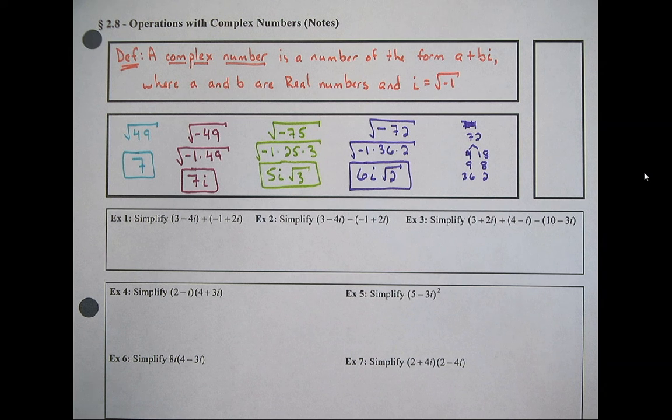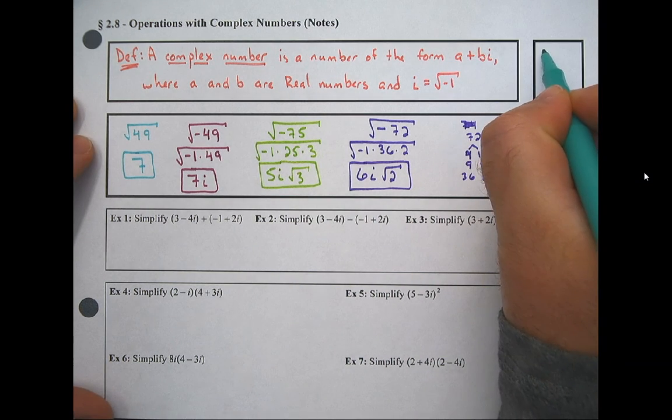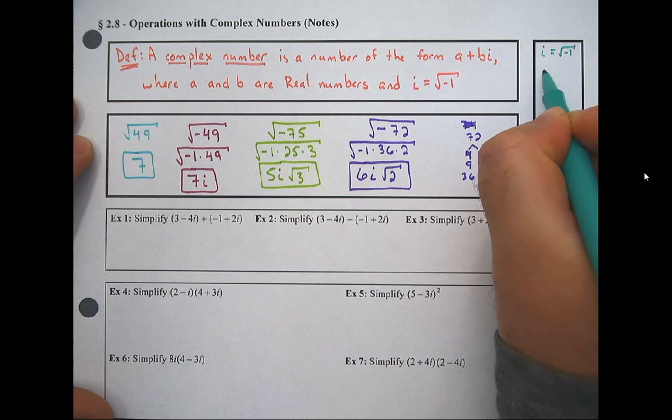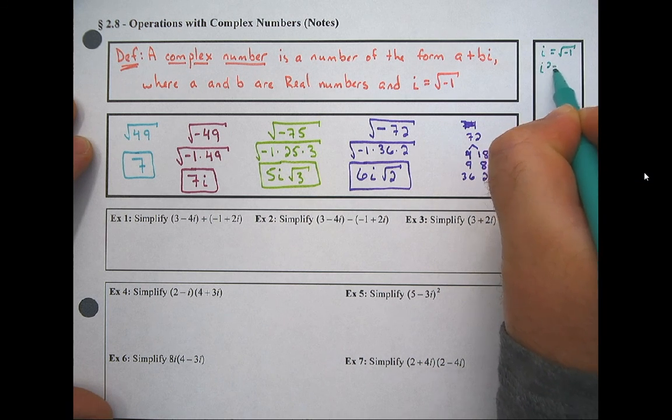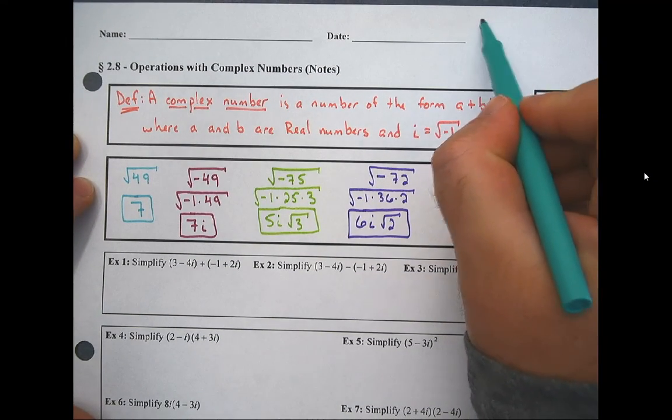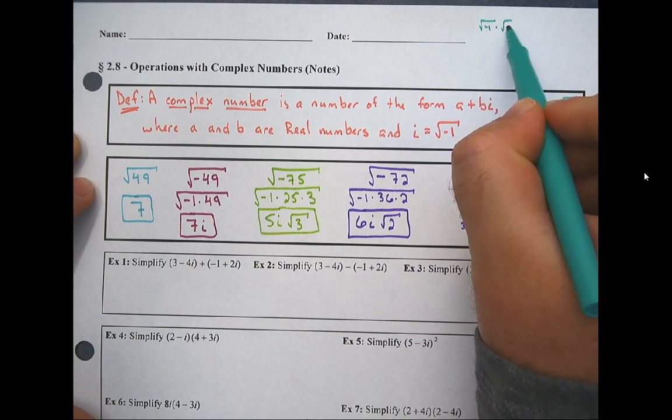I would like to go through a little chart here talking about evaluating different exponents of i. So what is i? i is equal to the square root of negative 1. What is i squared? Well, i squared would be the square root of negative 1 times the square root of negative 1.